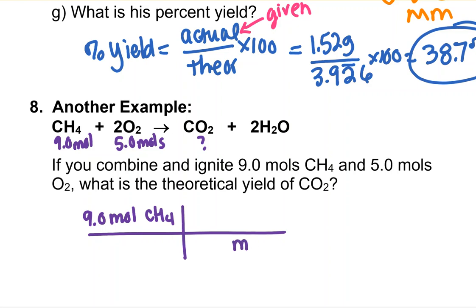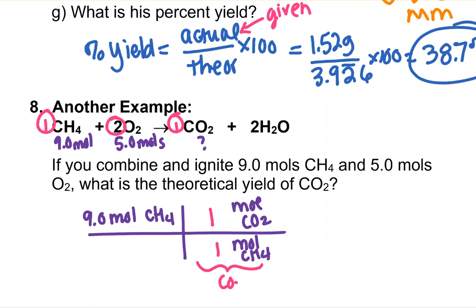I'm interested in the CO2. And for the numbers here, I use the coefficients. On the aspirin, the coefficients were all 1, so we kind of skipped this step. But on this one, I need to use these numbers in front, and on this one it's 1 to 1.